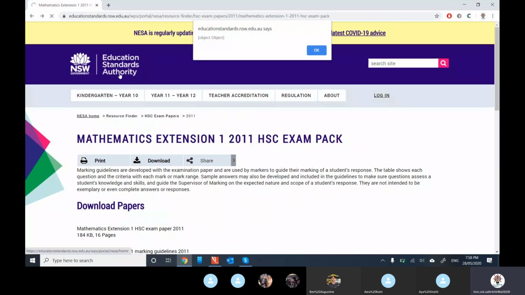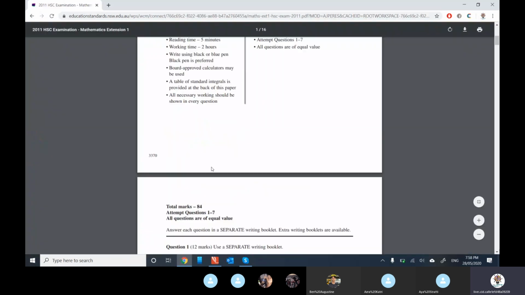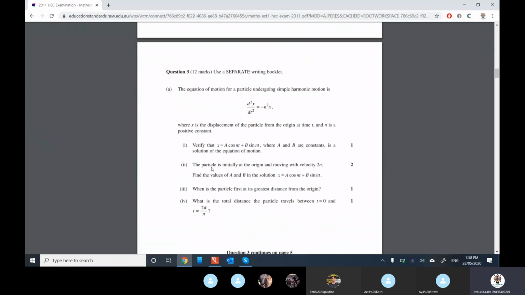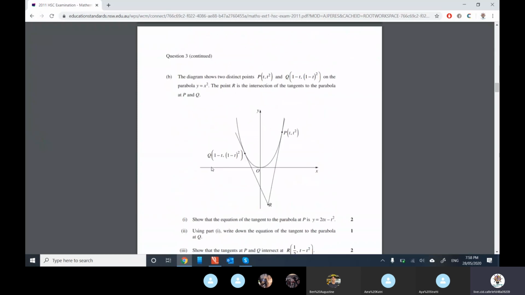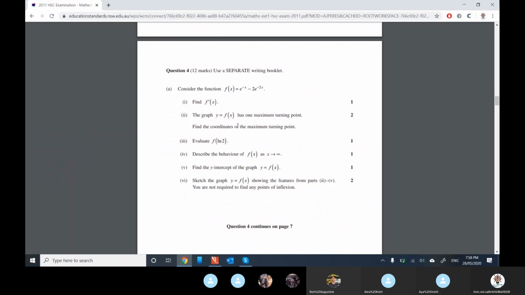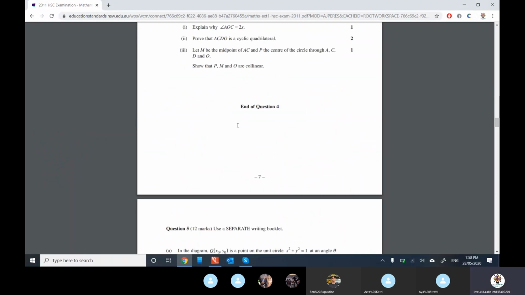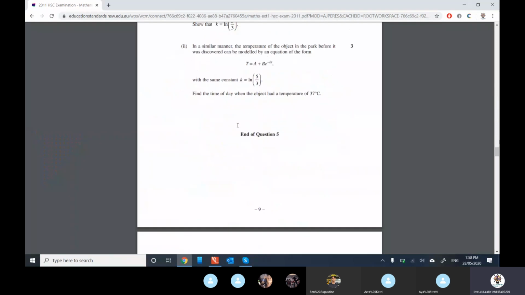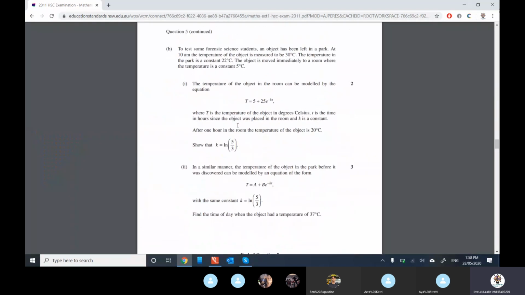Oh, whatever. We'll just use 2011. Doesn't matter. All right. Rates of change. There's your exponential growth and decay worth 5 marks. See, find k, always is.